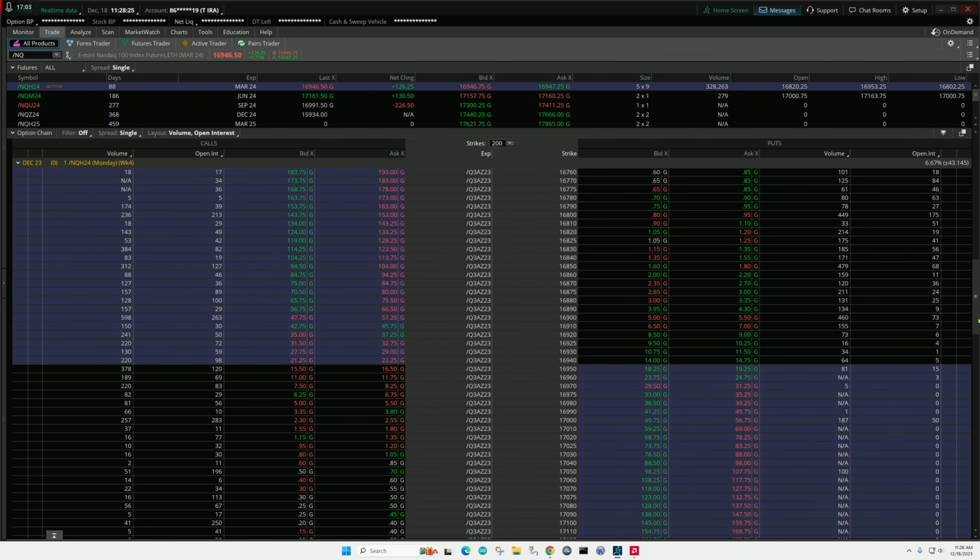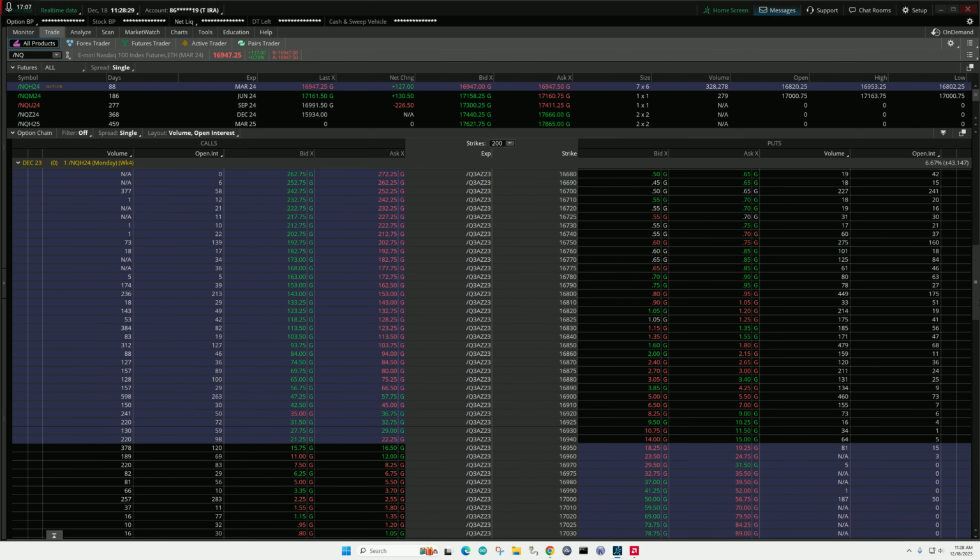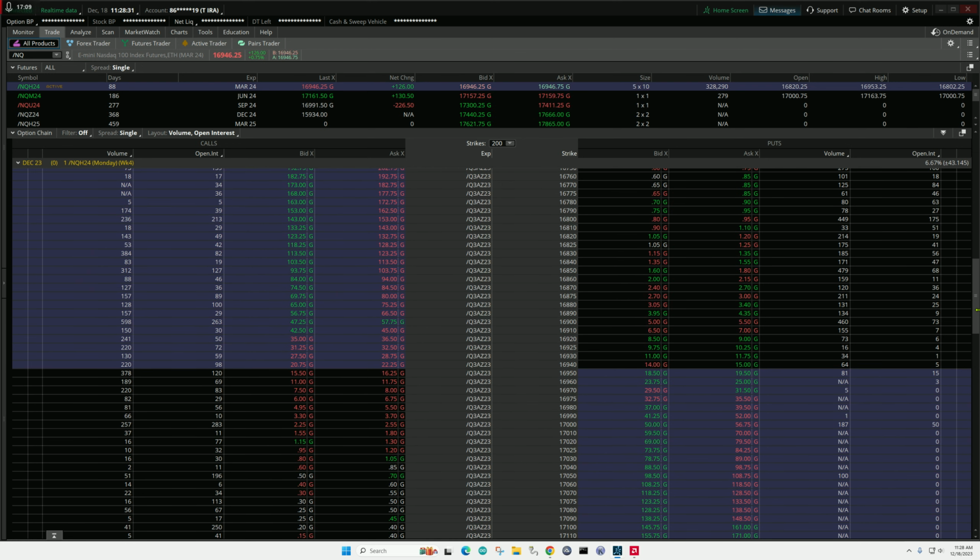If you're an options trader, you might look at this and say, hey, somebody's selling some big strangles. But at least one side of the strangle may be tested during the day, if not both. So that's what should help you understand what some of the targets are, and hopefully help you hold some of your position to those higher targets.